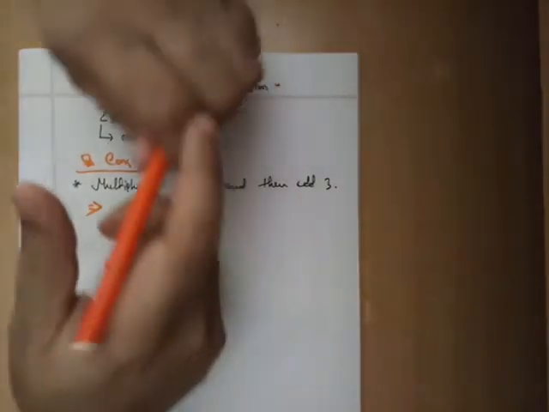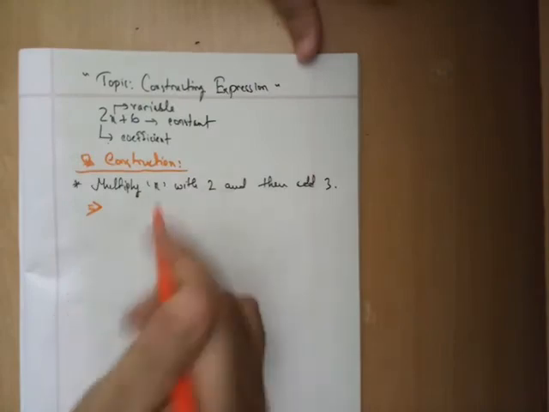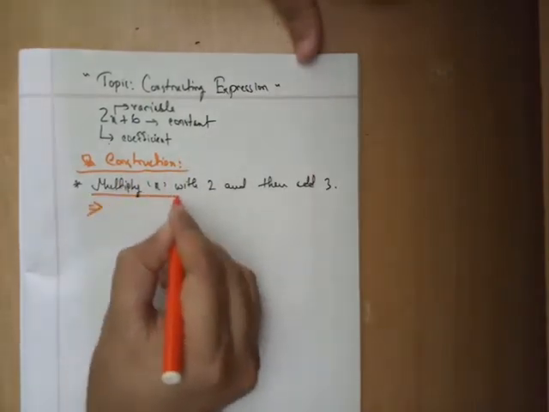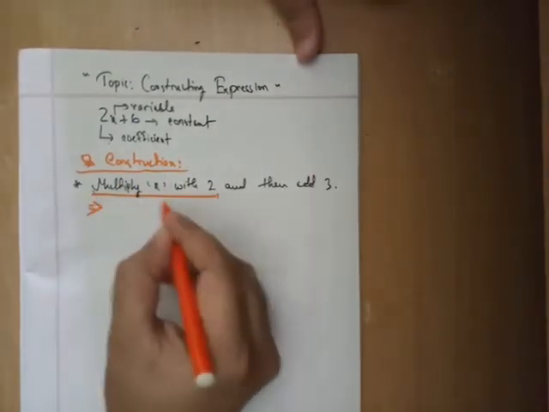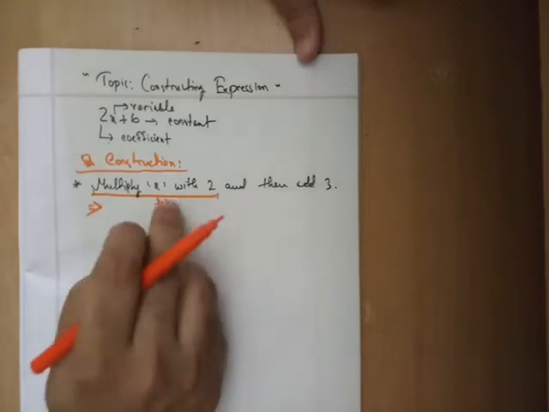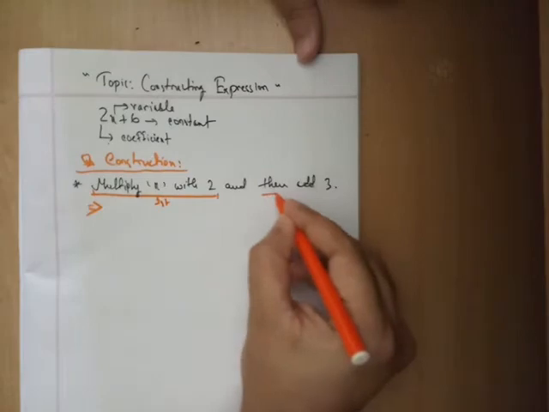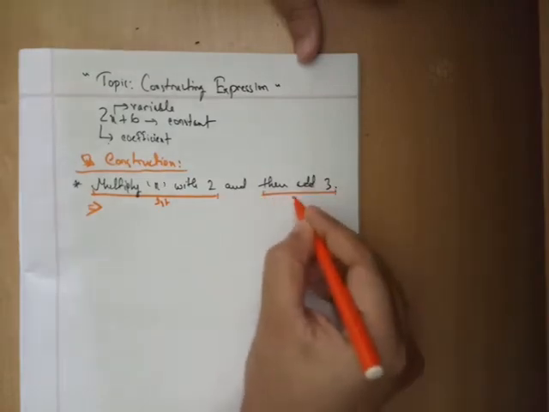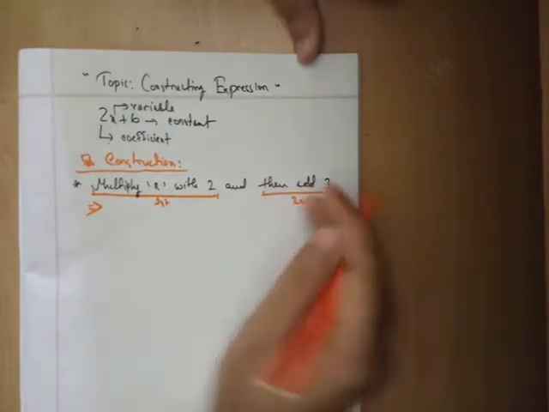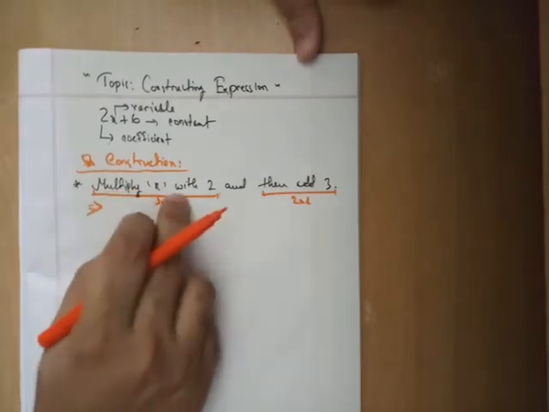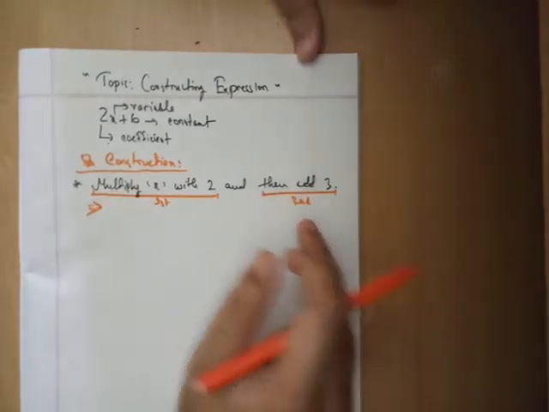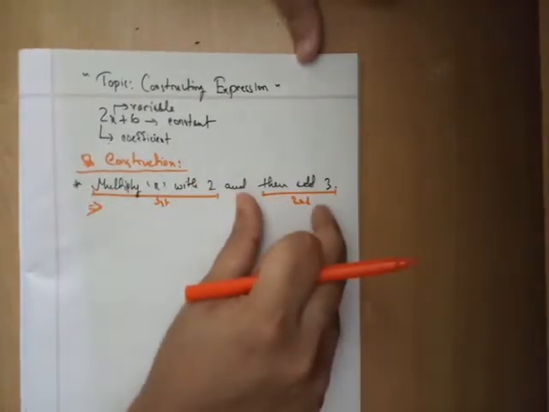Now they have told us to multiply x with 2. So this is our first task. We have to multiply x with 2 and then we will add 3. This is the second part. So the first part is, we'll multiply x with 2, and after multiplying x with 2 we will add 3 to it.